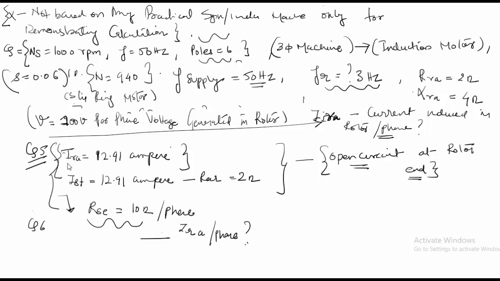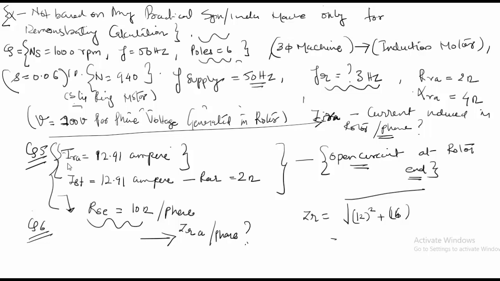To find this, my impedance will become the square root of 12 square plus 4 square, so the square root of 144 plus 16, which is equal to 12.64.